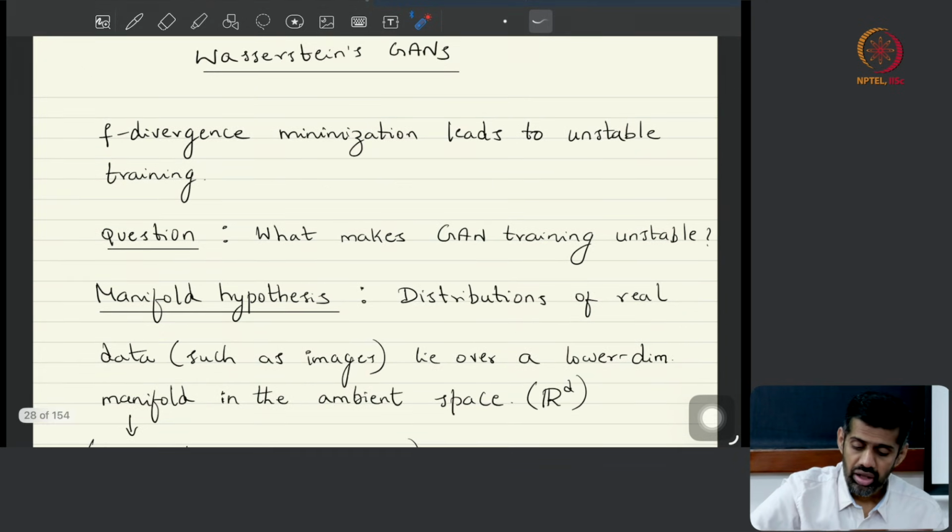Okay. So, one observation that people made was that F divergence minimization, as we saw, is not stable for training. Anybody who has some experience in training GANs would know that it is extremely hard to make these models converge. Why?